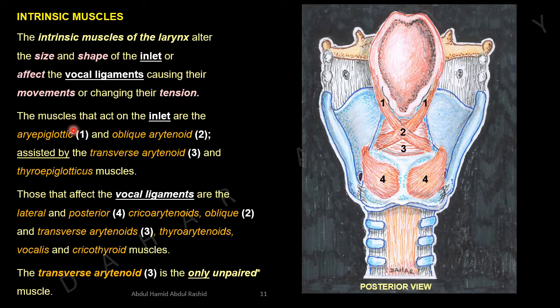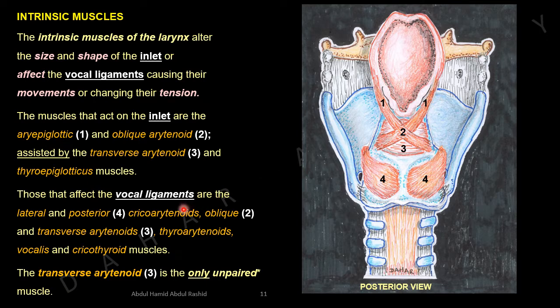The muscles that act on the inlet are the aryepiglottic, this is the one, number one, aryepiglottic muscles, and oblique arytenoids, number two, oblique arytenoid muscles, assisted by transverse arytenoid, this is the one, and thyroepiglotticus muscle, which is not shown in this picture.